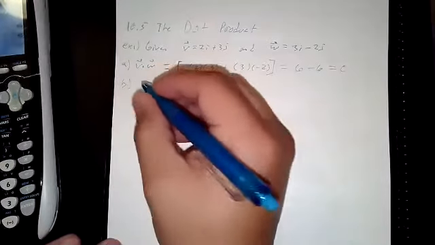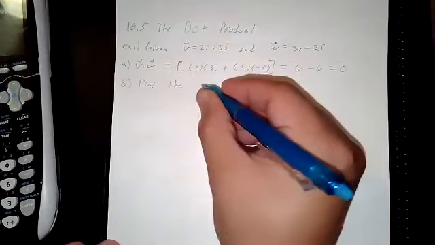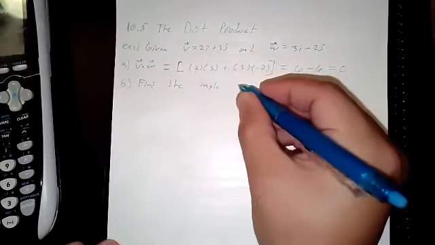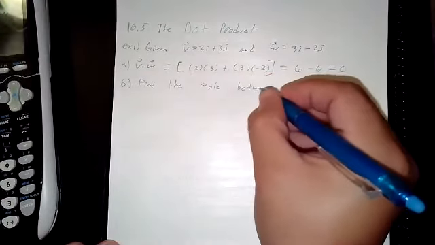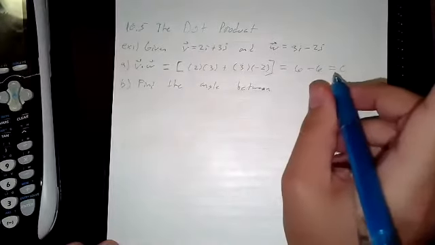Part B is find the angle between two vectors. So not just the angle or direction of one vector. So this is different.